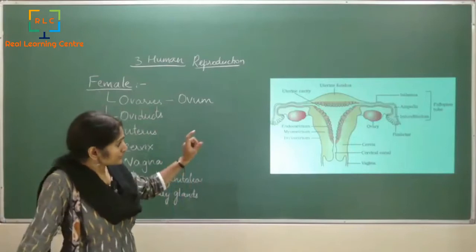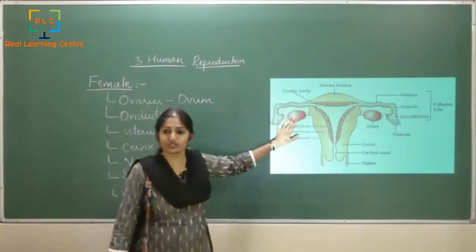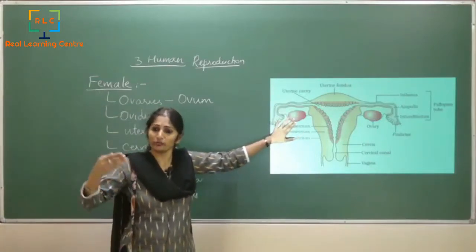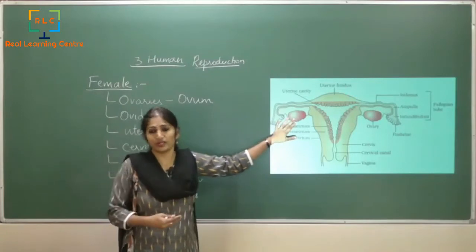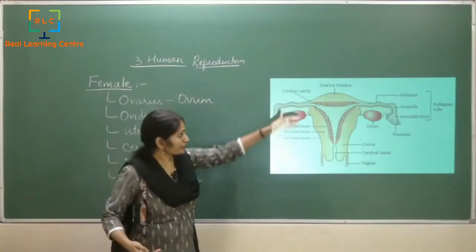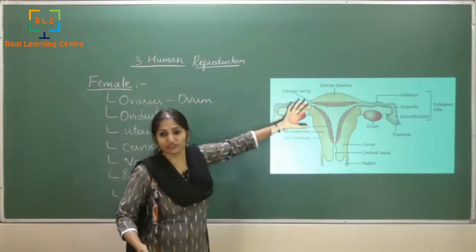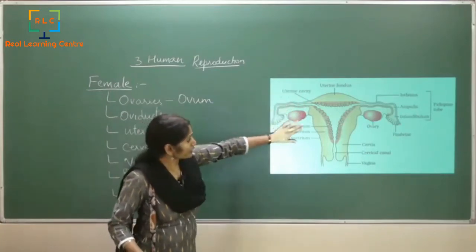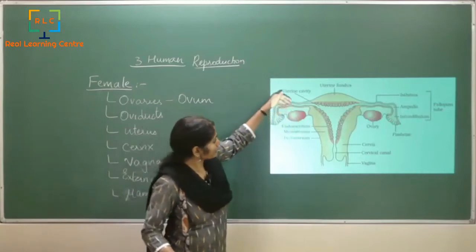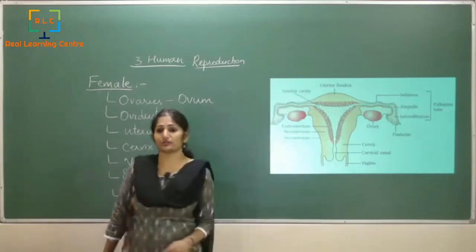So this ovary, if you just notice here, one part of it is connected to the pelvic wall. The pelvic is behind here. So you can see that there is one region which is connected to the pelvic wall in this region, and the other region is connected to the uterine wall.